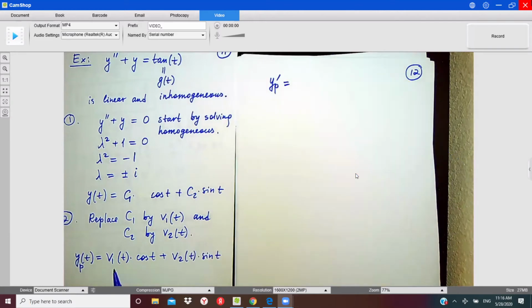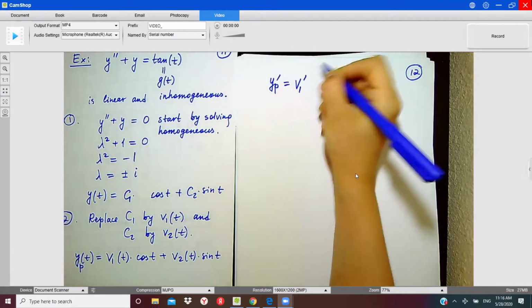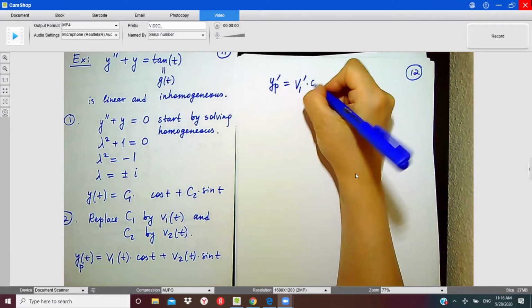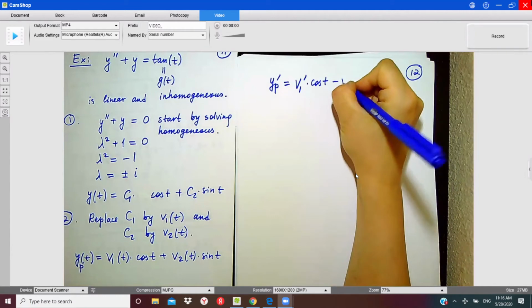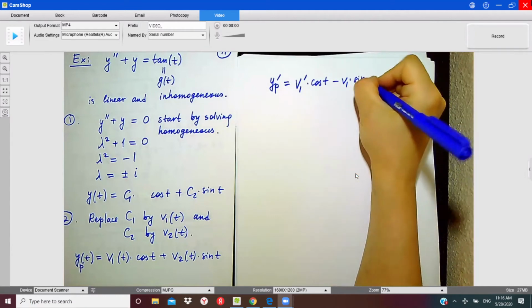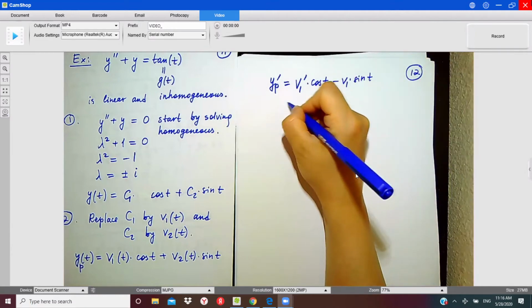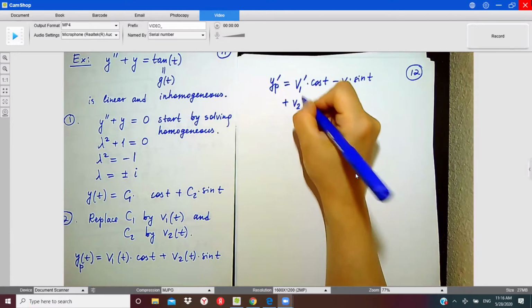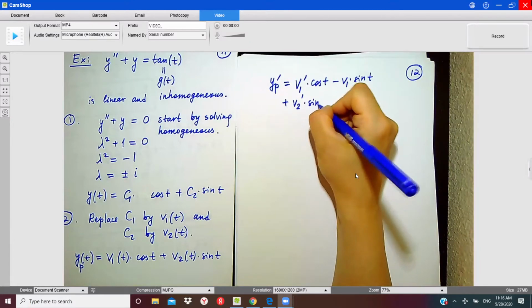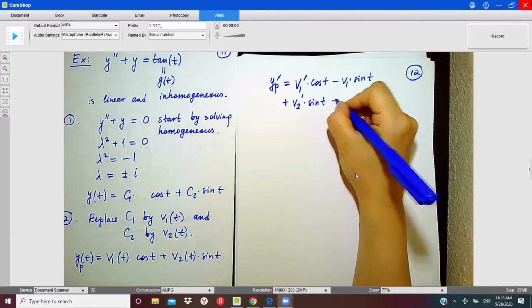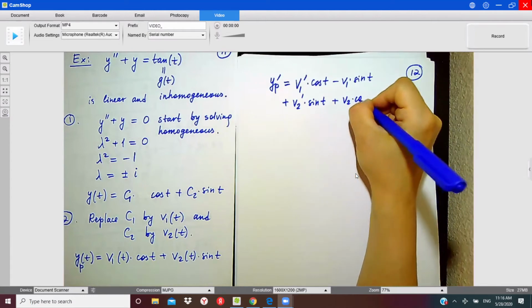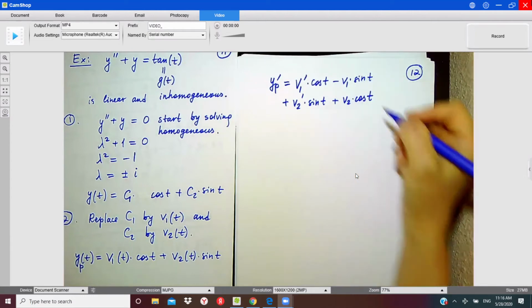Because this is now a function of t. It's not just a constant. So v sub 1 prime times cosine minus v sub 1 times sine of t, plus v sub 2 prime sine of t plus v sub 2 cosine of t. Do you agree with this derivative?